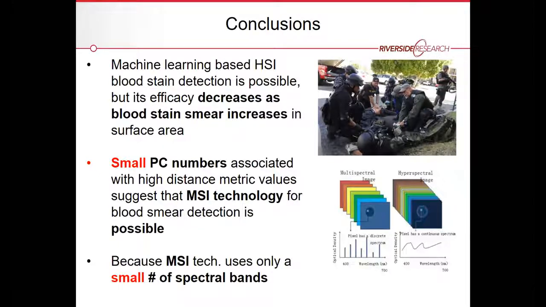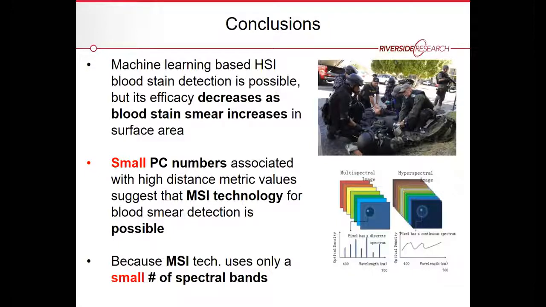And this is good for MSI tech because it relies on a small number of spectral bands. Again, you can see the MSI tech on the right-hand side. It uses a smaller number of spectral bands than the HSI, and that's good for us because we were able to show that the distance metrics like small numbers of spectral bands or PC numbers.